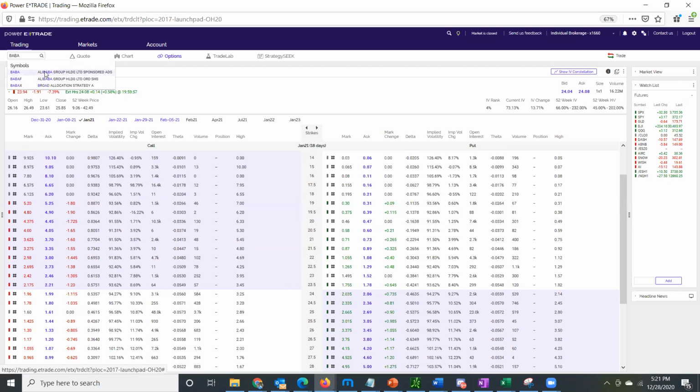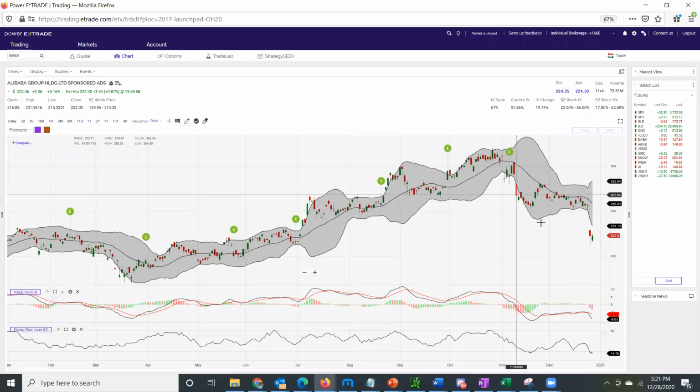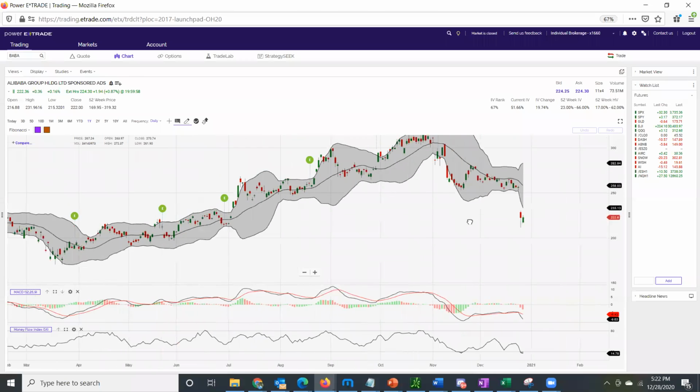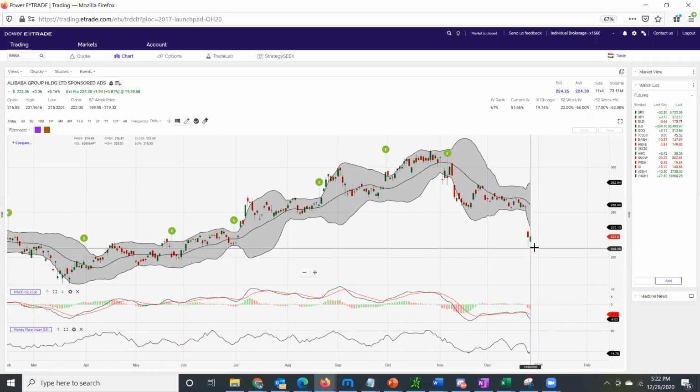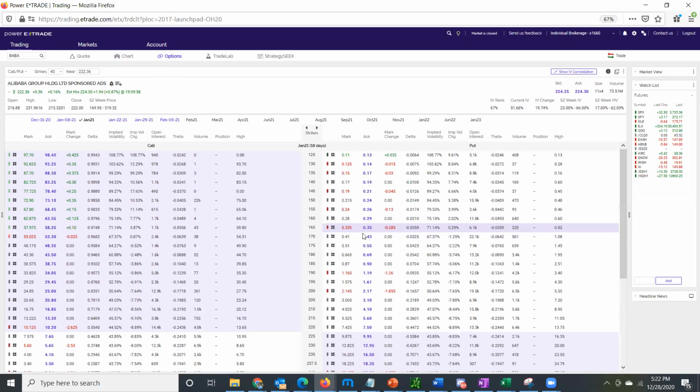Baba went down with the news. You guys know about that one, right? This is Baba. So I like this stock. And if I draw the line, it's already at support. And mostly it may go down a little more.